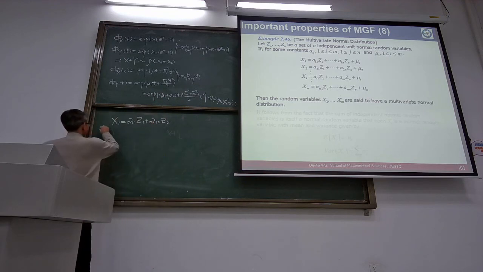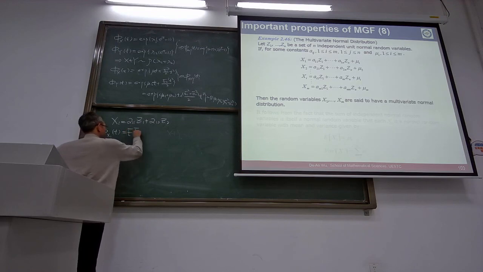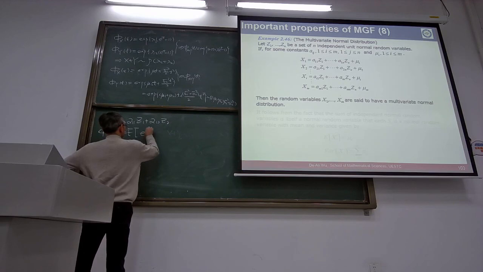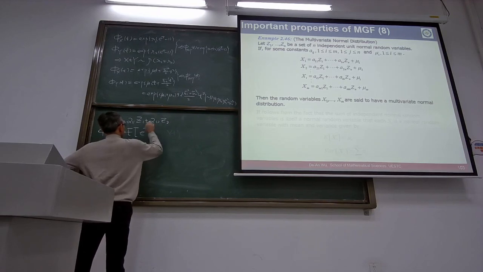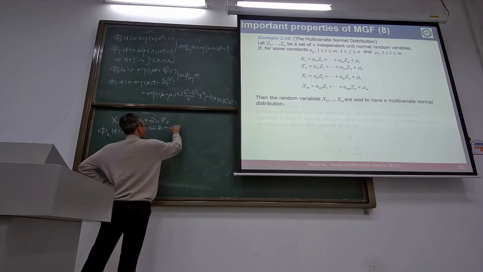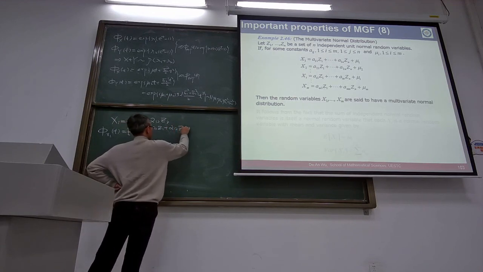Then the moment generating function of x1, just by definition, is E of e to the t times alpha 1 1 z1 plus alpha 1 2 z2.